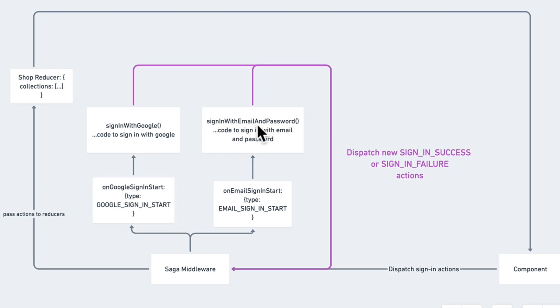If the sign-in is successful, we get the same snapshot object of the user. So with that object, we're able to simply dispatch the exact same sign-in success action. We don't need to duplicate and make two different actions that end up doing the exact same thing in our reducer, which is simply updating our current user value to that new value. So with that in mind, hopefully this makes sense.